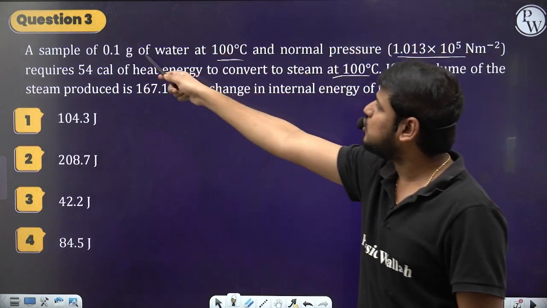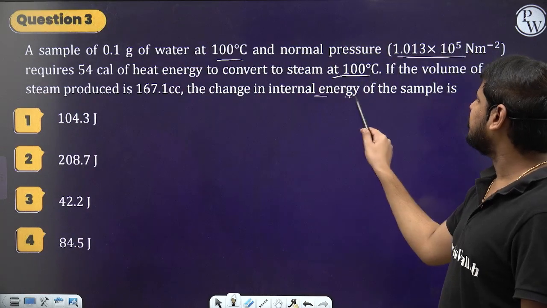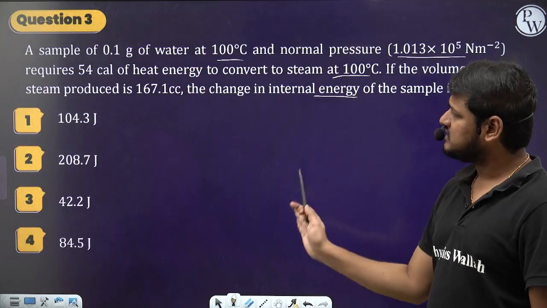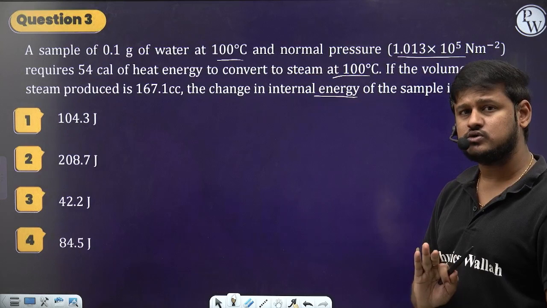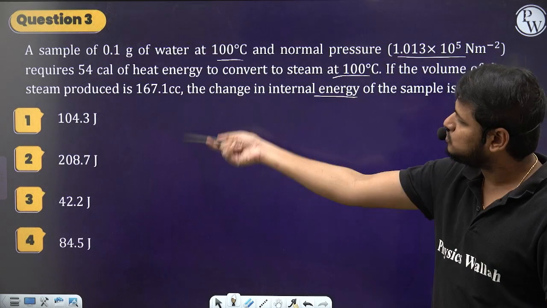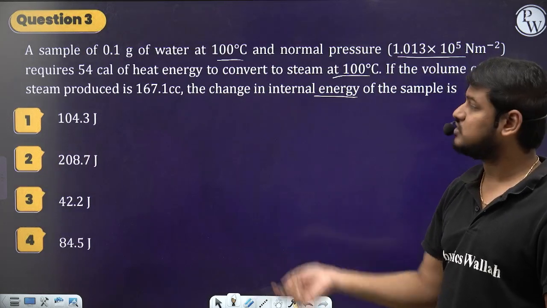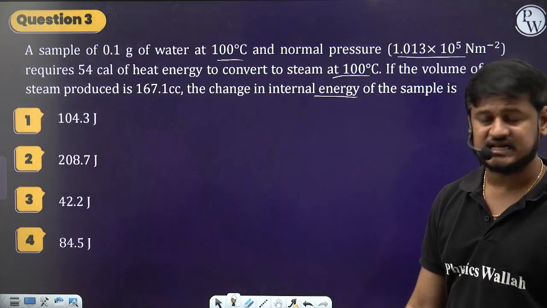It's 0.1 gram of water. Clear? They are asking change in internal energy. Same previous concept, but don't use delta T 0, so delta U also will be 0. There is no 0 option at all, first of all. Even if they give it, you should not choose it, because it's not an ideal gas, right?